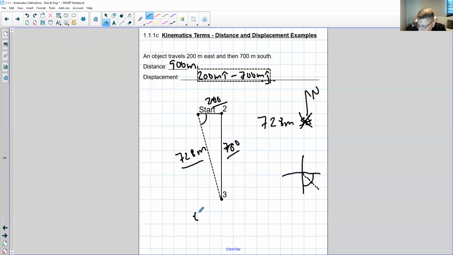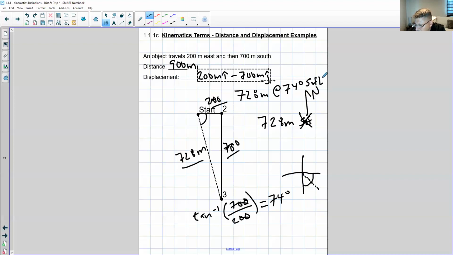So the arctan, or inverse tan, of the opposite over the adjacent, 700 over 200, or even just 7 over 2, is about 74 degrees. So your final answer to this could be 728 meters at 74 degrees south of east.